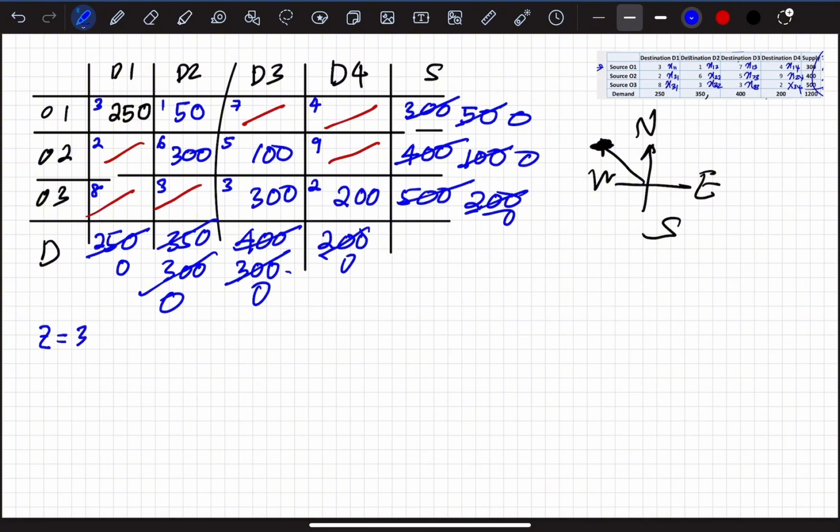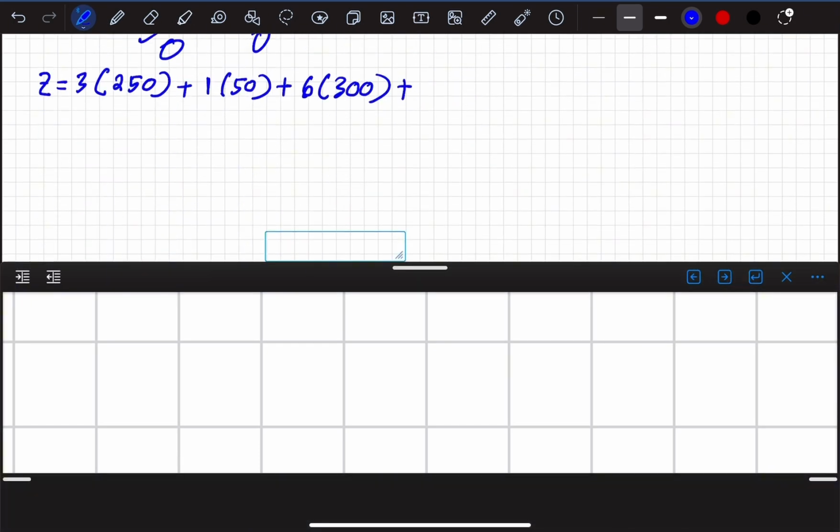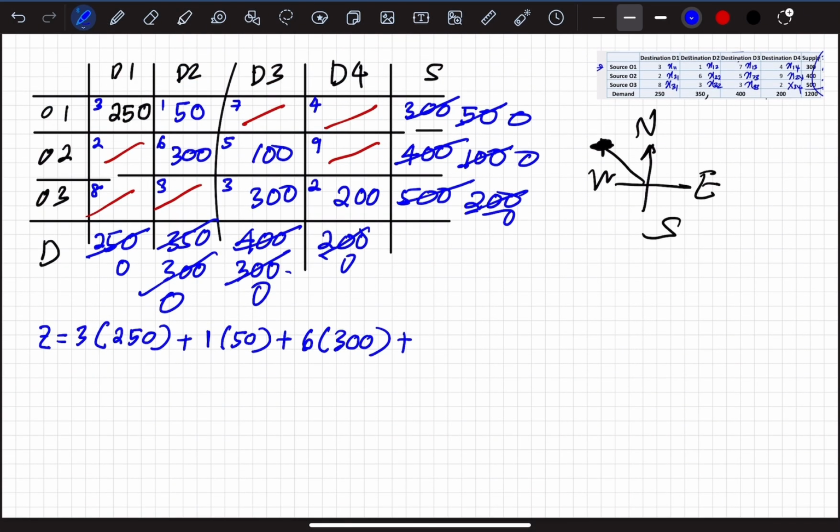So the first cell, 3 times 250 plus 1 times 50 plus 6 times 300 plus 5 times 100 plus 3 times 300 plus 2 times 200. So the cost would be how much? We need to calculate that. Bear with me a second.